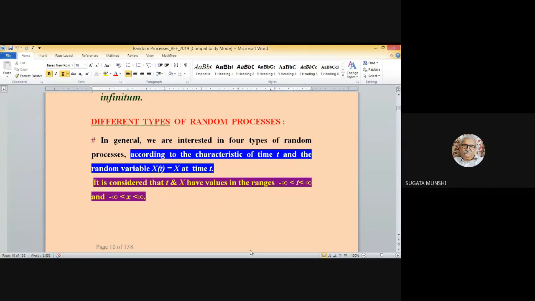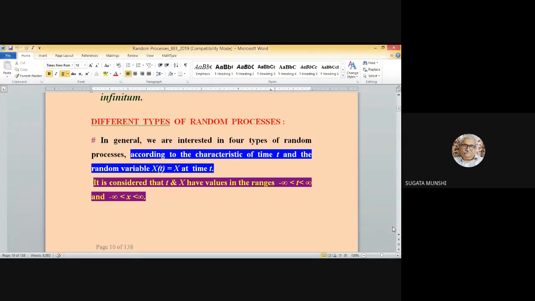If I just recall, last day I introduced the concept of random process. So what did we see? Any random signal can be treated as a member of a collection of random signals that are known as the sample realizations or sample functions.